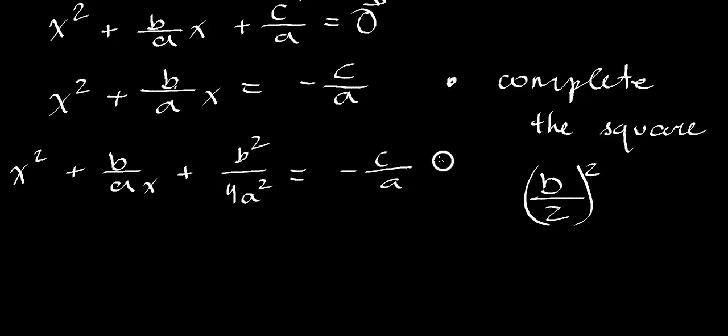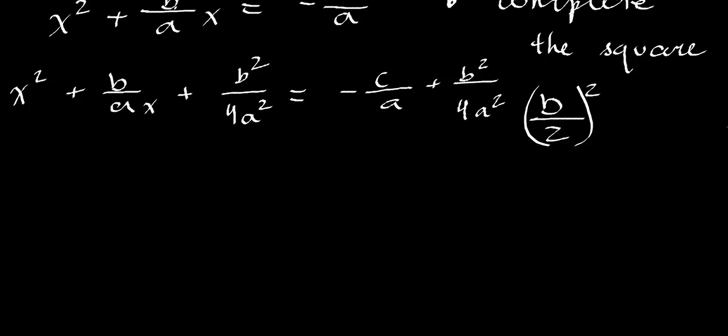We're going to add b squared over 4a squared to this side as well. The goal of completing the square is to make things easier, to make it prettier, a perfect square. If we do that, it's going to look like that. We're going to do this after.